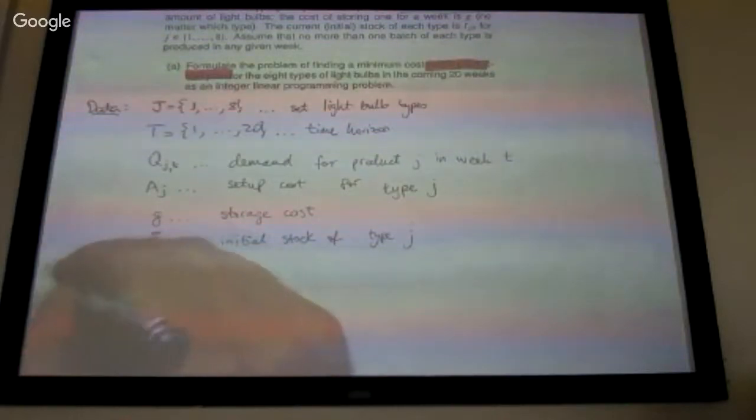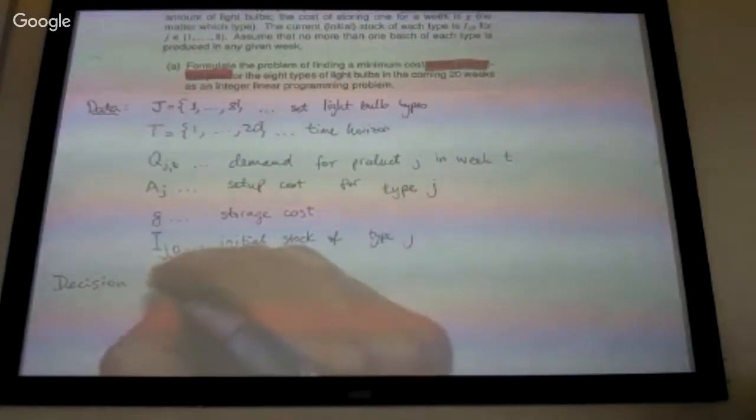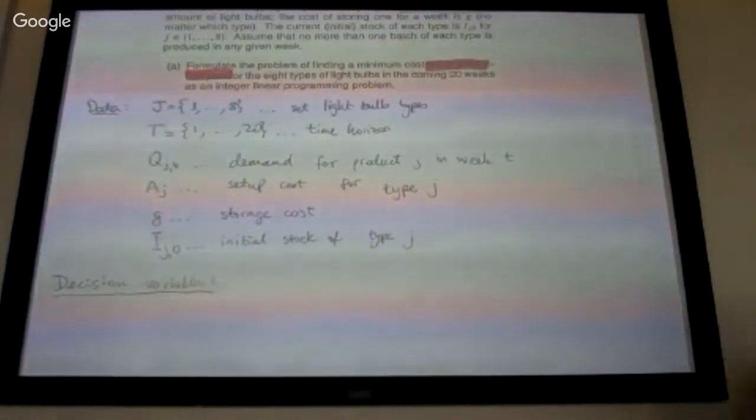Right. Decision variables. What are they? P_JT. I've run out of ink.